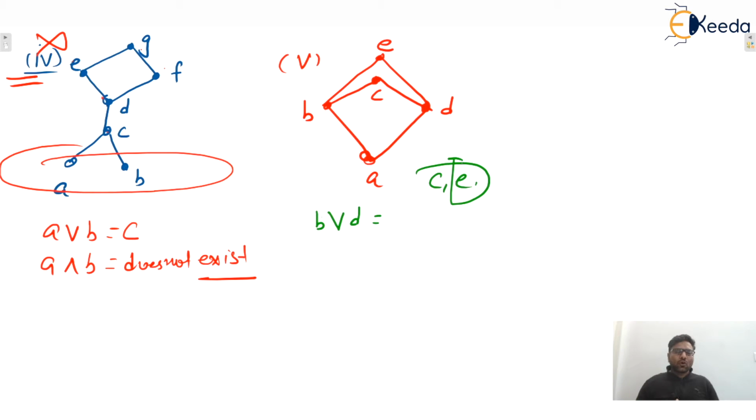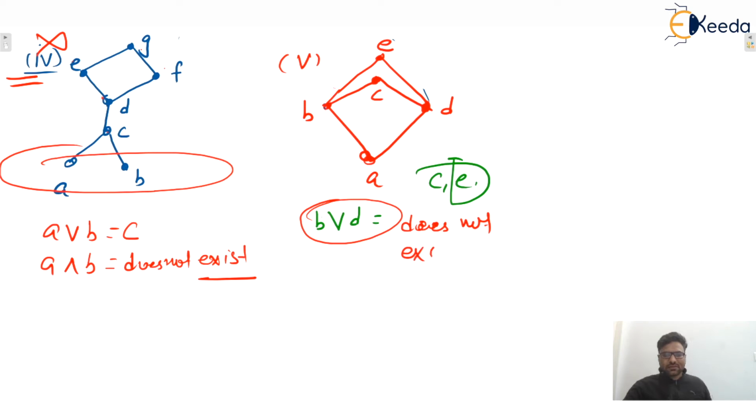So E and C are not comparable. If you say that C is at a smaller level, then I can extend this one like that. Now let's say this is C. So no need to worry at all. Here E and C both are not comparable. So we can say that the least upper bound of B and D does not exist.